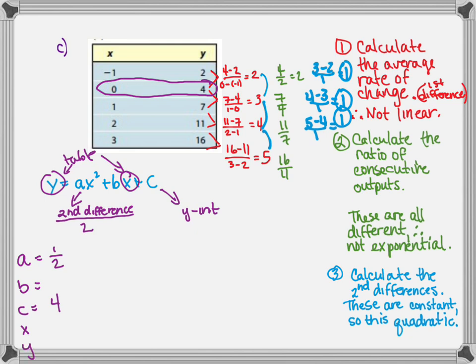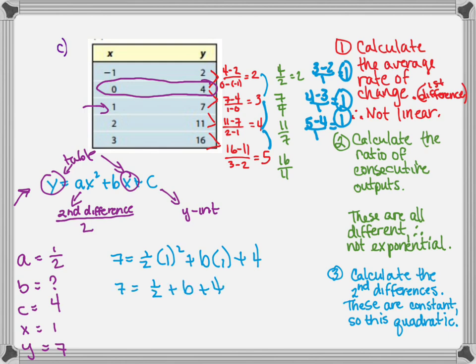I'm going to choose an x and y value from my table. I'm going to choose 1 for my x, which means 7 is my y. And now I will substitute into the model. So y, 7, equals 1/2 times 1 squared plus b times 1 plus 4.